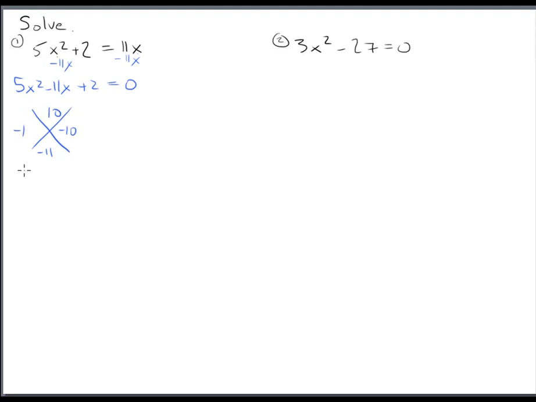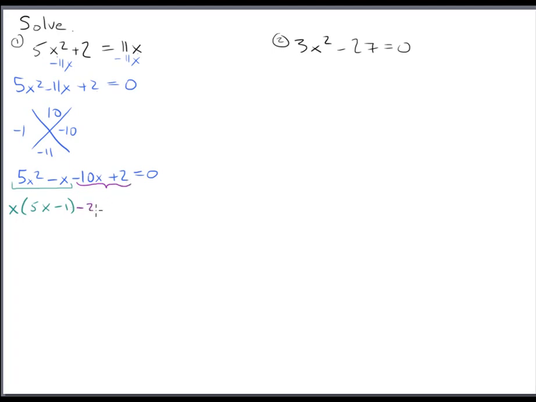I'm going to use the AC method, and I'll have 5x squared minus x minus 10x plus 2 is equal to 0. Alright, let's pick apart these front two into x times the quantity 5x minus 1. Then we're going to pick apart these rear two right here.